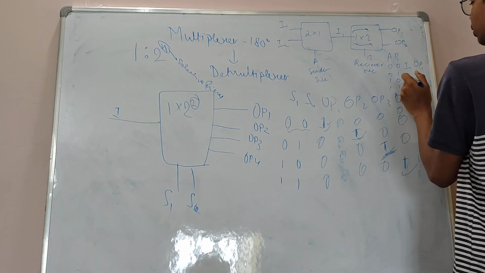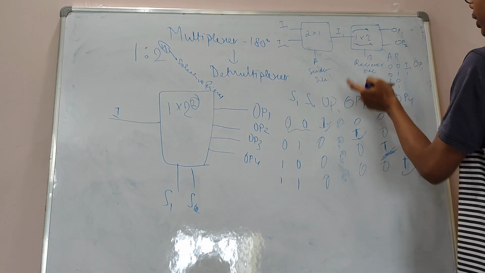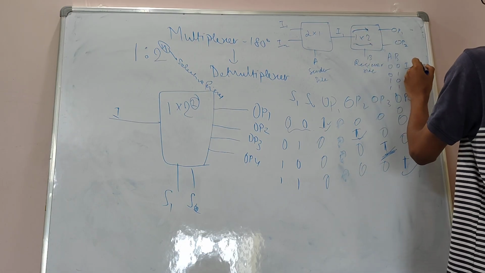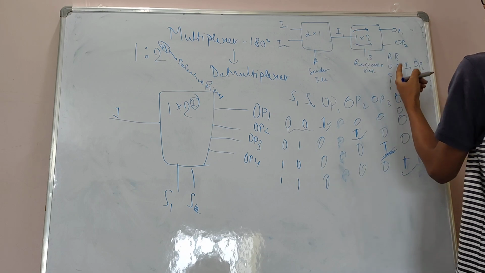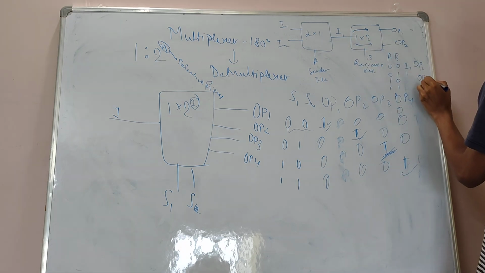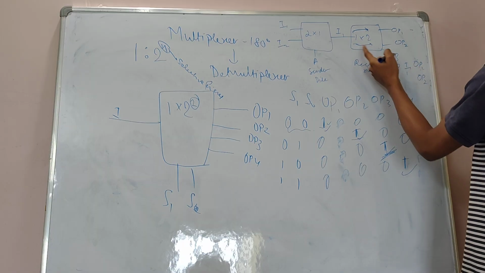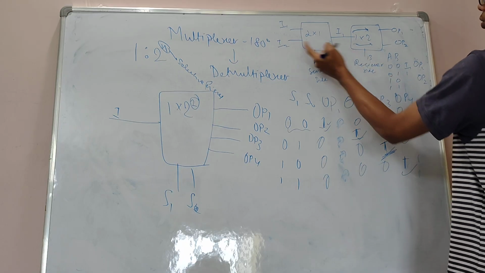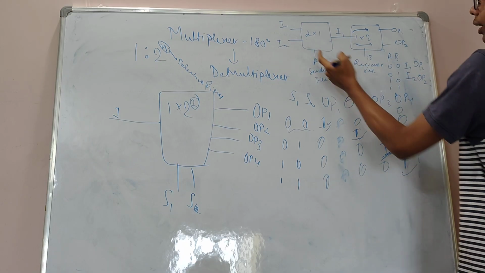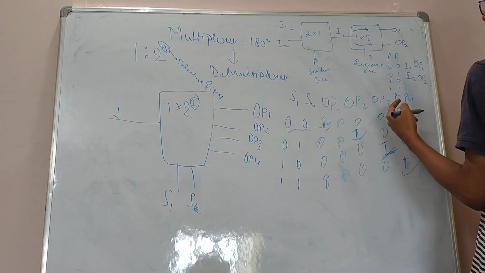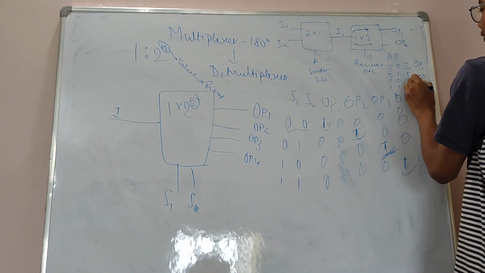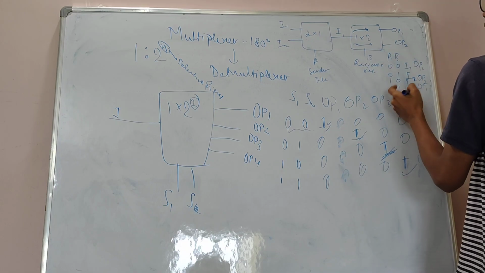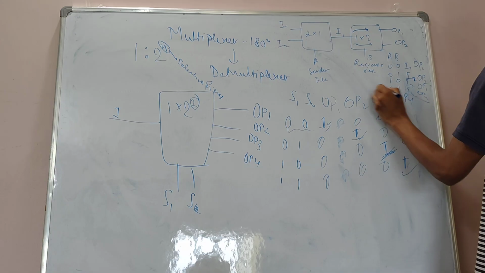Here you can see when B is 0, I will have output 1, and when B is 1, I will have output 2. In case of A, it is 0, so I1 and OP1, and here it is 1, so I2 and OP2, right?